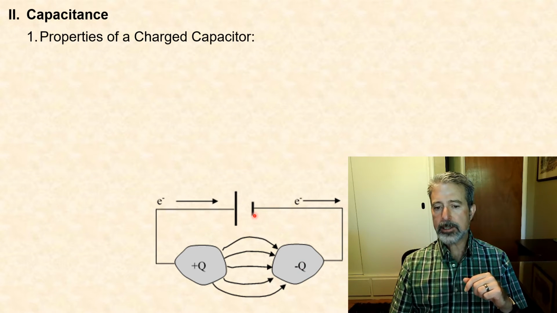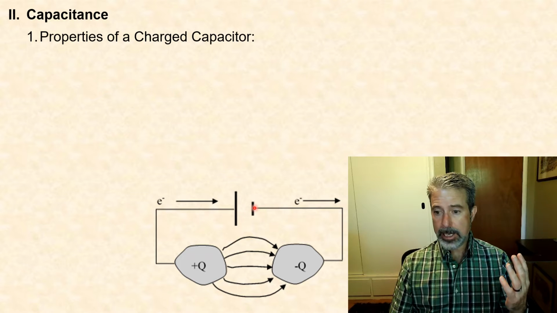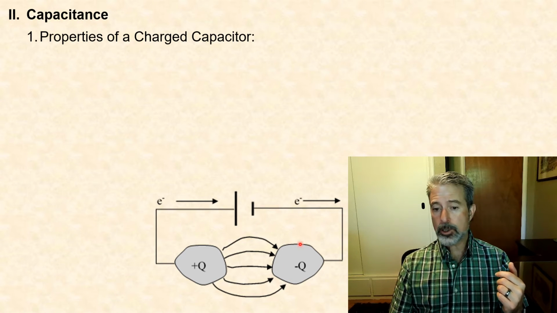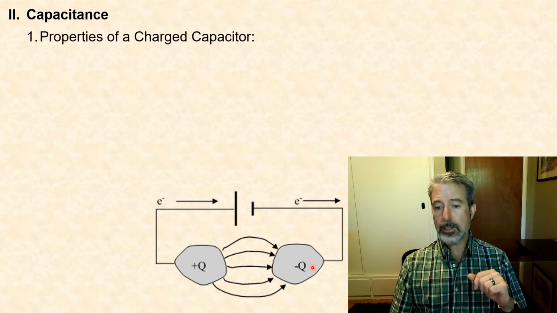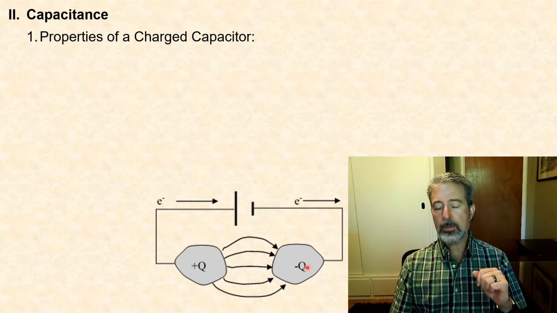You see that this negative terminal of the battery has a certain electric potential, whereas this conductor over here starts out uncharged, with no electric potential. That electric potential difference between the battery terminal and this conductor on the right is going to cause electrons to start flowing to that conductor.